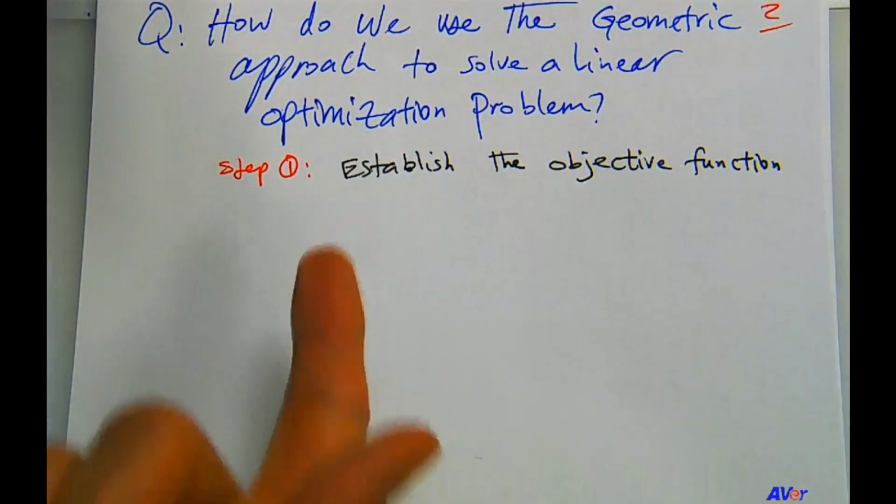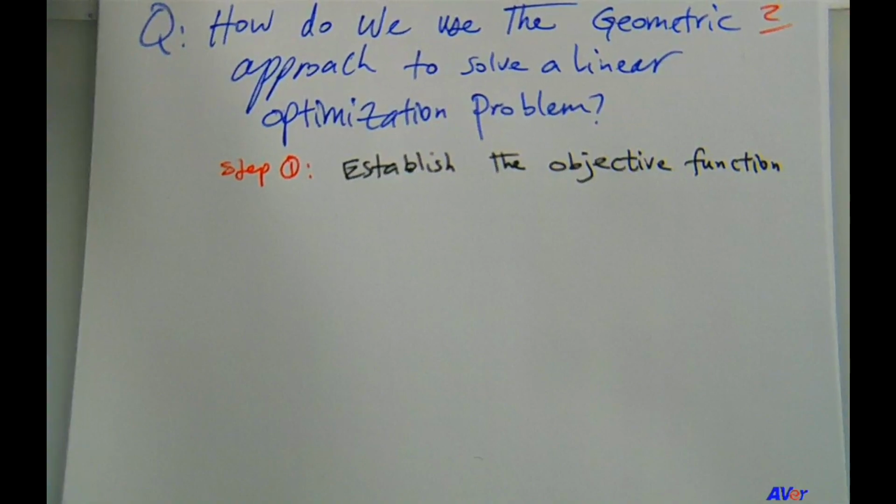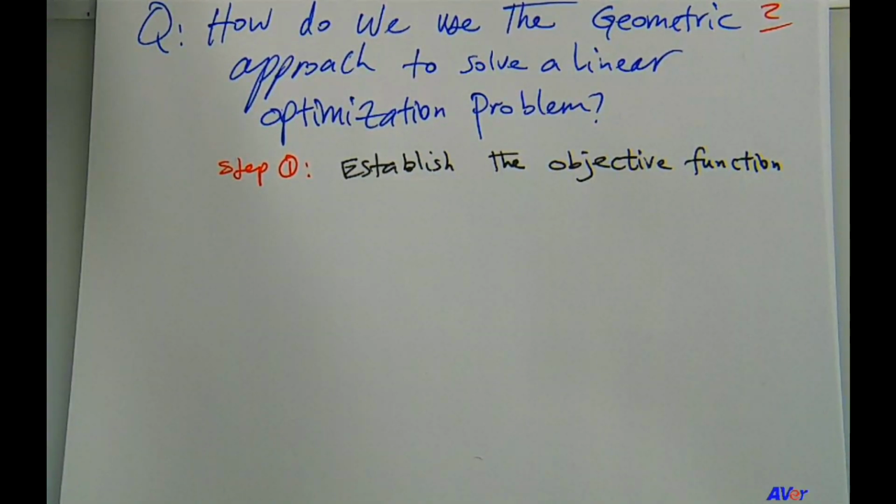The second reason why we want to establish that, because the same variables that you use to set up the objective function are exactly the same variables you're going to need in your constraint inequalities. Over and over, I see people on exam paper use different variables to set up the objective function and then a set of constraint inequalities.